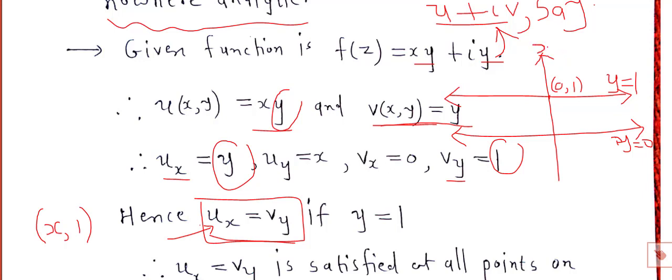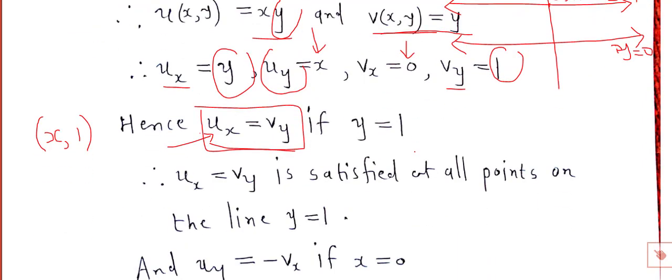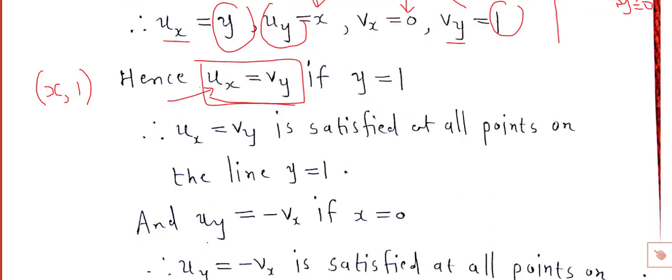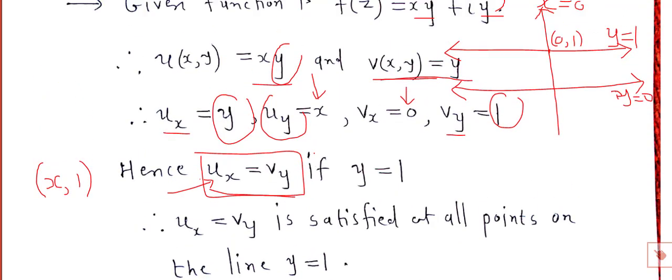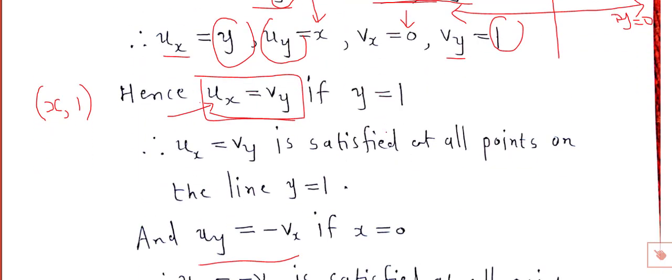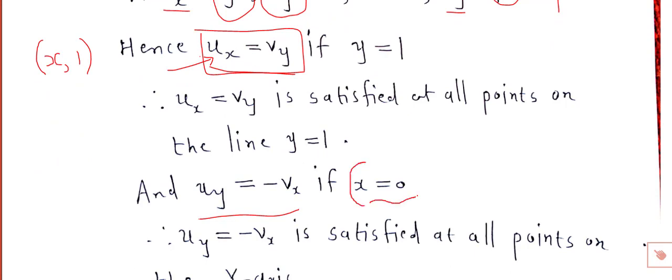This is y axis, or we can write it as x equal to 0. Similarly, we determine the points at which the second equation is satisfied. So the second equation is u_y equal to minus v_x. If you compare u_y with minus v_x, you will obtain x equal to 0.